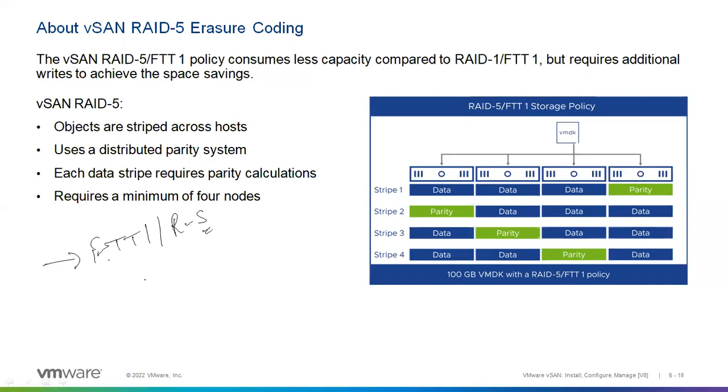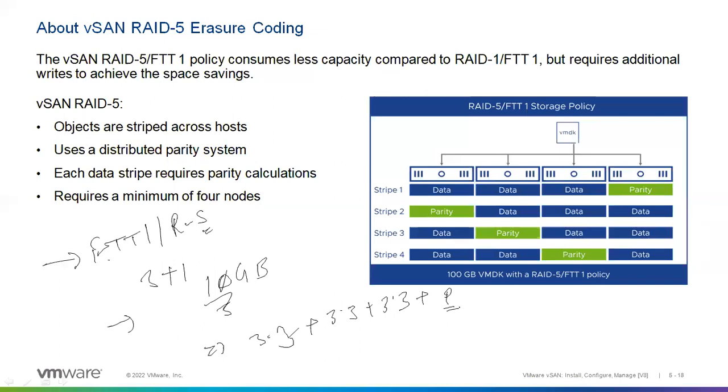It works in 3+1 mode. When I say 3+1 mode, suppose you are writing 10 GB of data. That will be divided by 3, so it makes 3.3 each as C1, C2, and C3. So it splits into 3 stripes, plus it creates a parity.